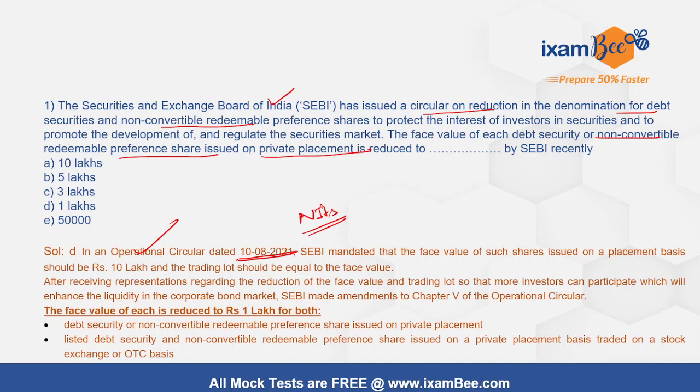So in order to widen the scope of this corporate bond market and in order to increase the liquidity in this market, SEBI has initiated this step where the face value is reduced to 1 lakh for debt securities, non-convertible securities issued on private placement basis, and listed debt securities and non-convertible redeemable preference share issued on private placement basis, traded on a stock exchange or over the counter basis, right?